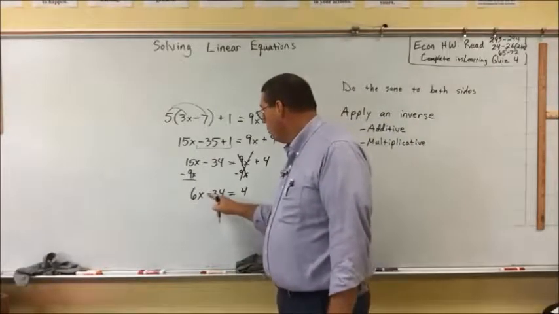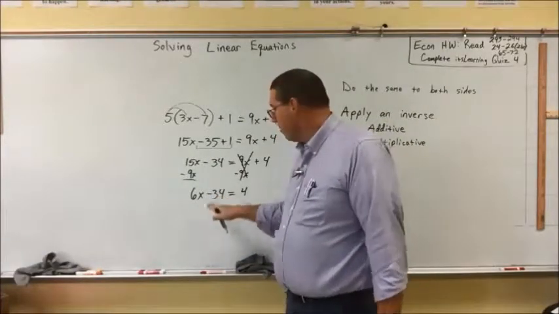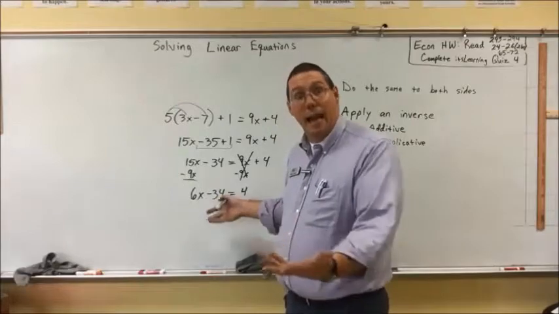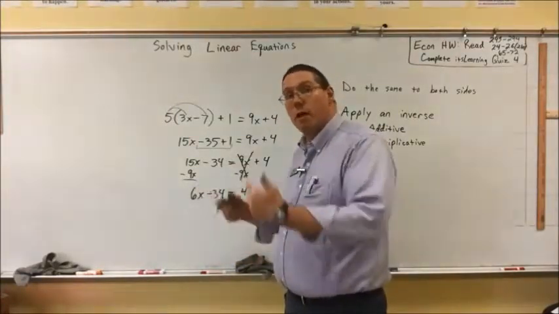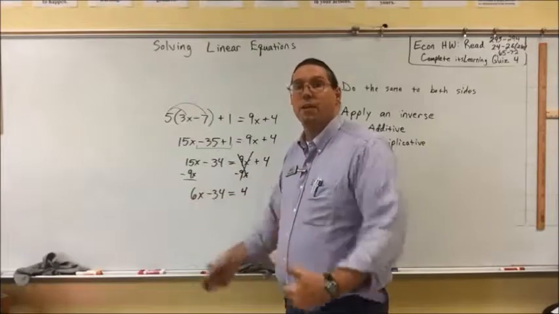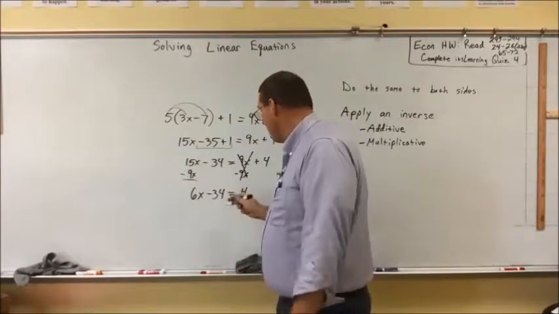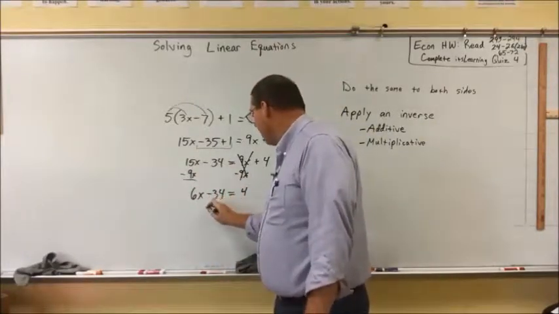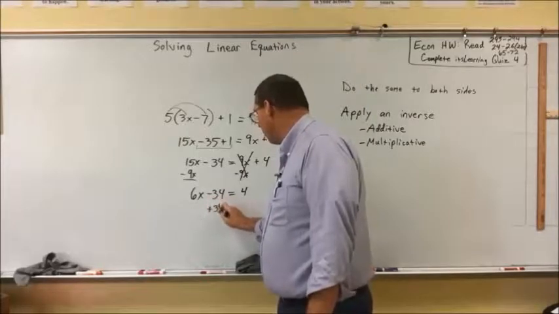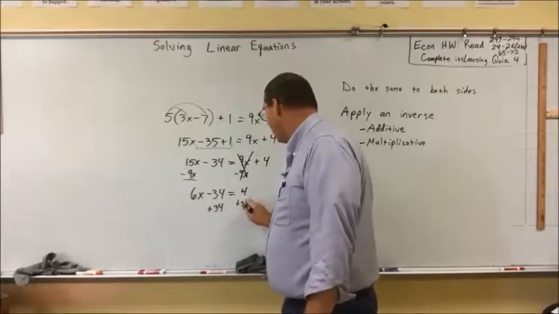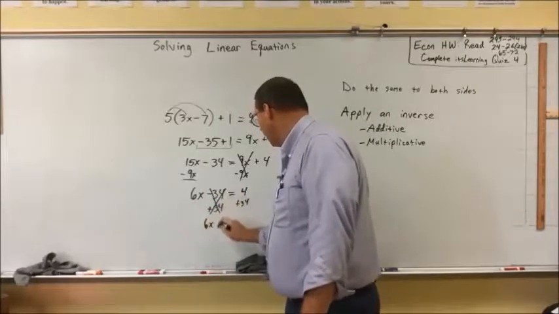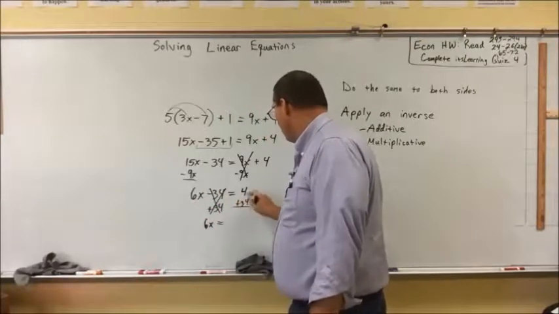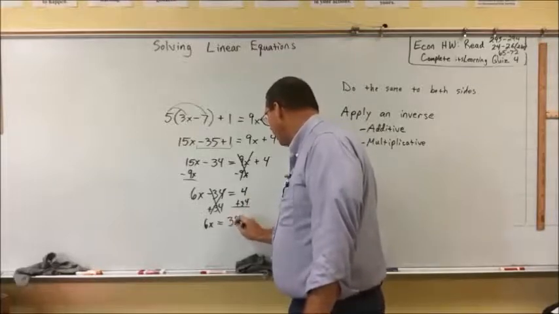So here, we still have an additive. We have something being subtracted, so we're going to apply an additive inverse. Again, we're going to keep applying additive inverses until all we have left is multiplication and division and other kinds of stuff. So the additive inverse of negative 34 is positive 34. Do the same thing to both sides. We're going to cancel on this side, carry down the 6x, carry down the equals. 4 plus 34 is 38.